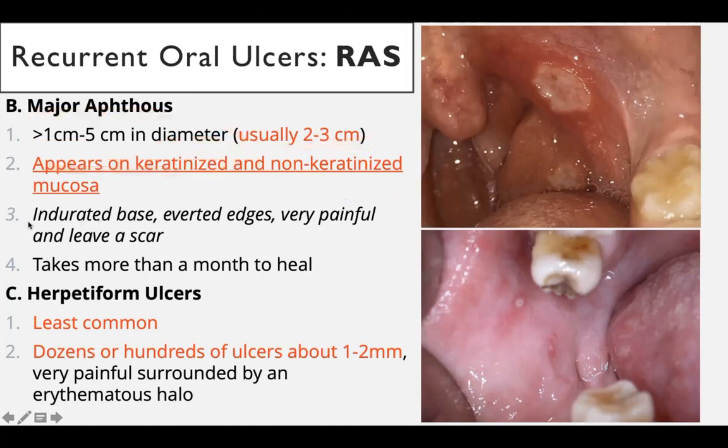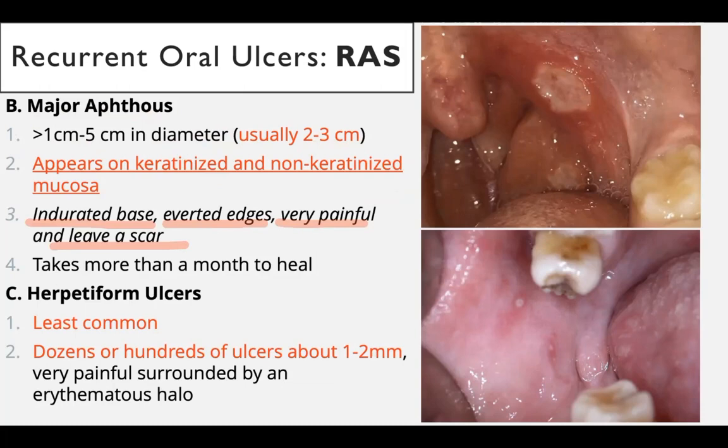What does the lesion look like? It has an indurated base, everted edges, is very painful, and leaves a scar. So the ulcer is indurated with everted edges, is rough, big, very painful, and on healing, it does not completely heal. There will be fibrous tissue remaining, which is known as a scar.